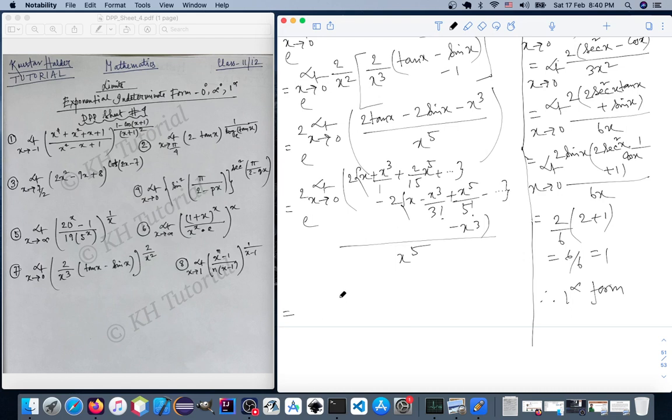Now 2x minus 2x gets cancelled, and we need to check whether x to the power 3 gets cancelled or not. Let's see. It should cancel.